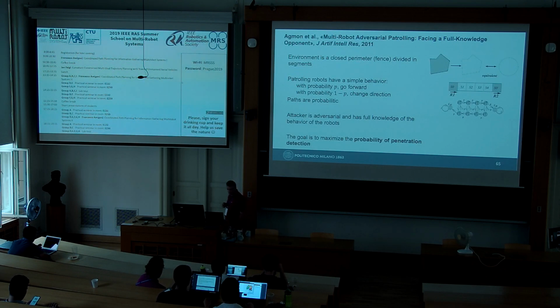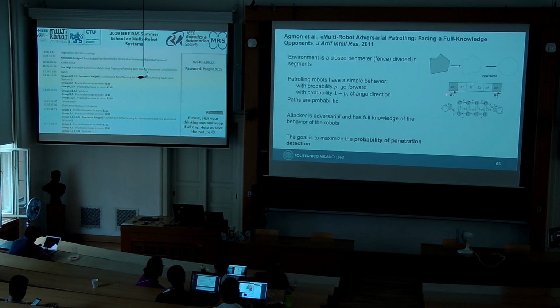It is a very simple model in which you have a closed perimeter, so a fence, and you have to patrol this fence using M robots. So the idea is that you take the fence, you segment it in M segments, okay? And then you assign a robot to each one of these segments. So each robot is assigned to one segment. And the robots have a very simple behavior.